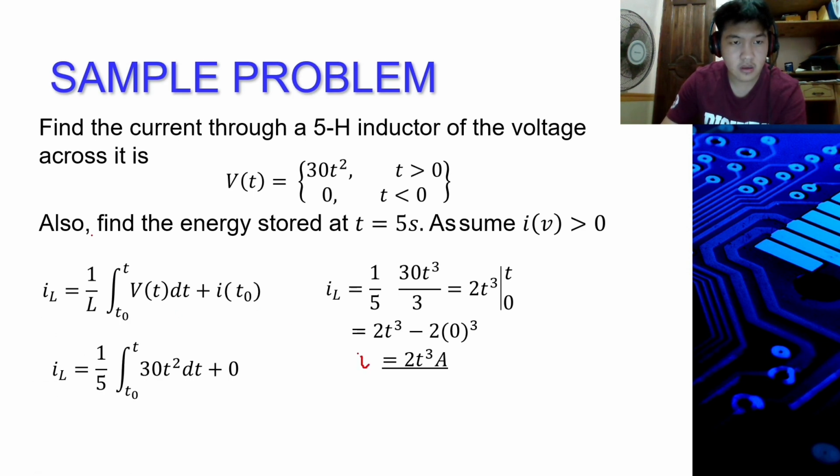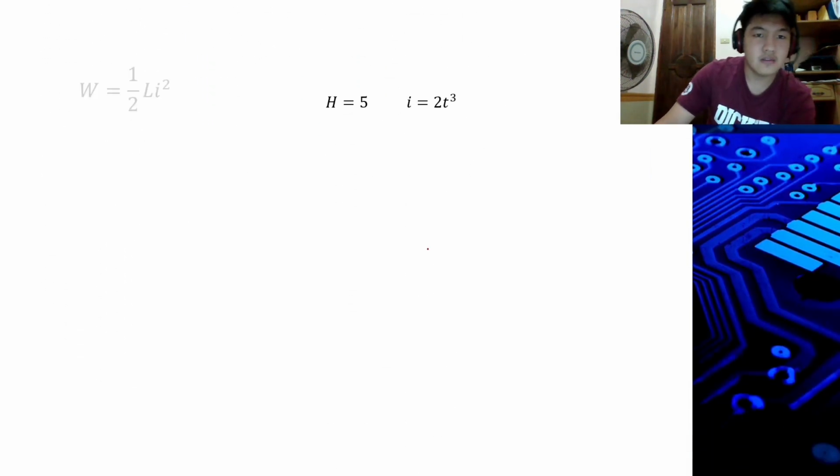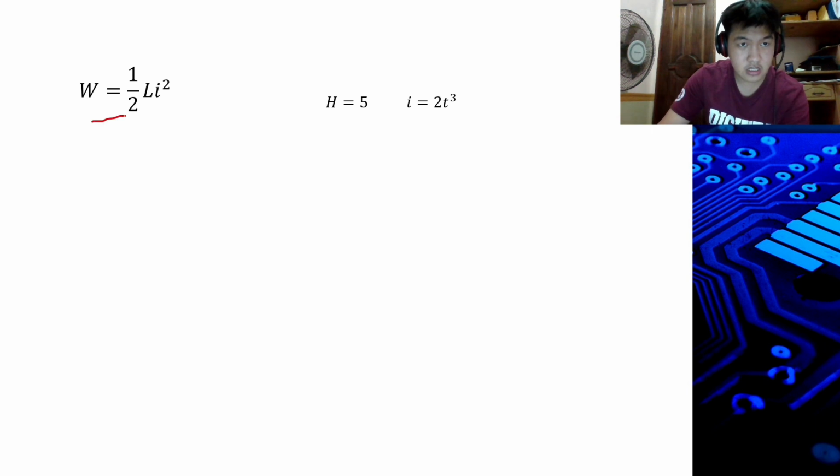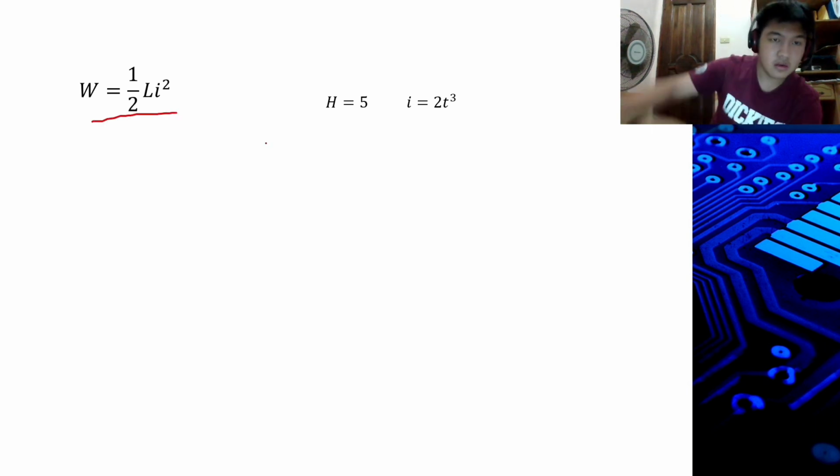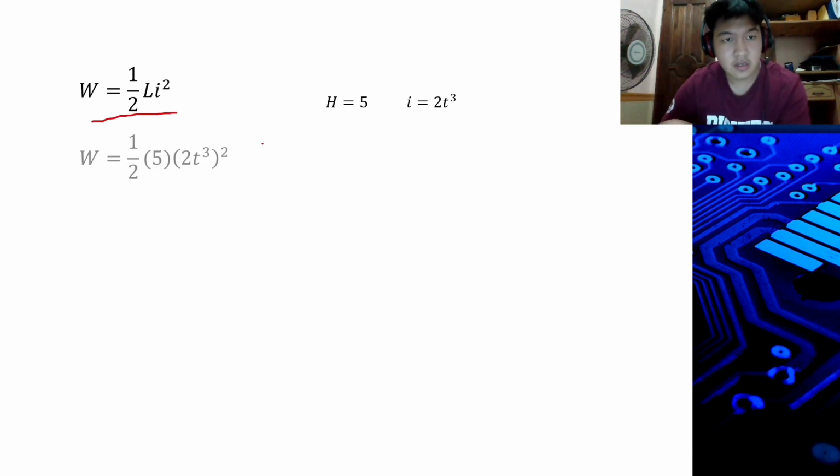Okay, next will be to find the energy stored at t equals 5 seconds. Okay. The formula for energy is this one, 1/2 L i squared, where we use the result we computed earlier, which is 2t cubed.